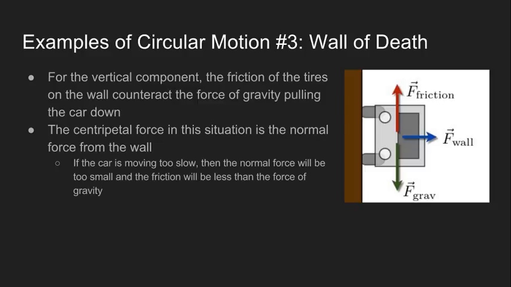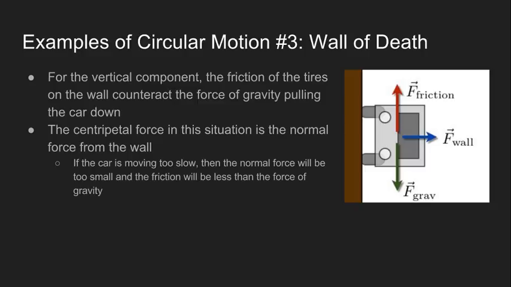So by increasing the centripetal force, you're increasing the normal force in this situation because you're completely vertical. If you recall the equation for friction, it's mu R. So by increasing the normal force, you're increasing the force of friction.